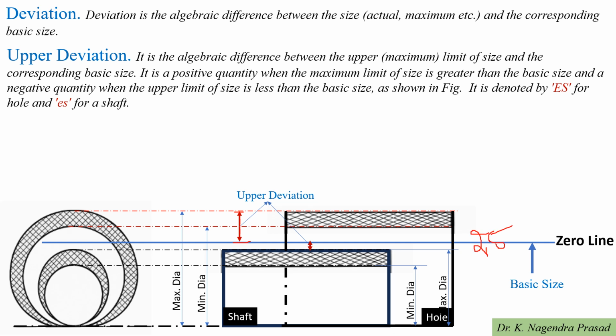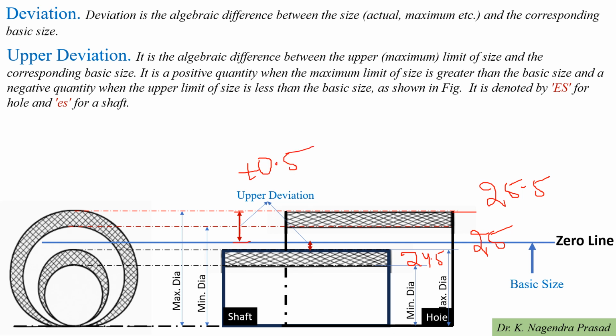And let's consider the maximum limit of the hole is 25.5. Similarly, we consider the maximum limit of the shaft is 24.5. Now upper deviation is the difference between the upper limit and basic size. So for the hole, the upper deviation is plus 0.5.